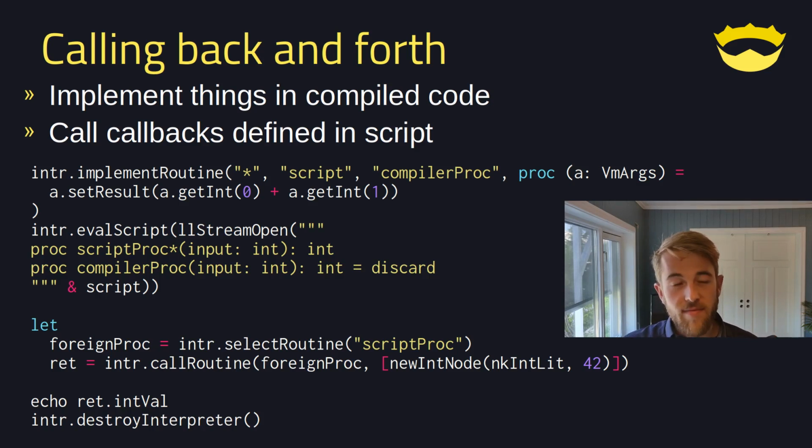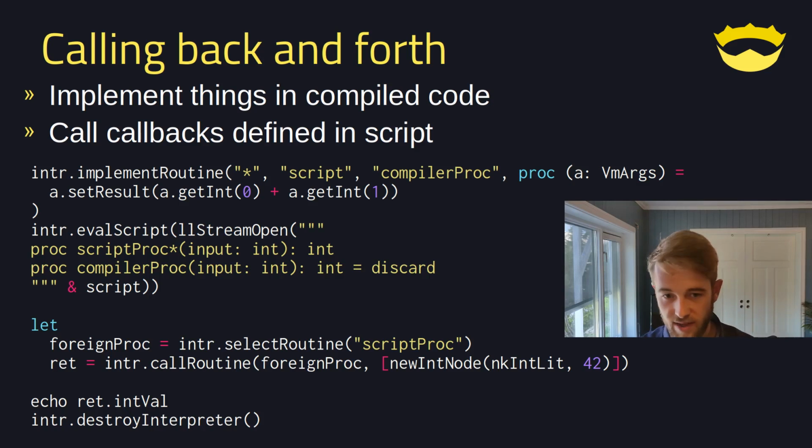But what this does, the foreign proc selects the routine, which, if it isn't implemented in that script file, so script here is just supposed to be a red file, it just couldn't fit more code on the screen. So we select that.